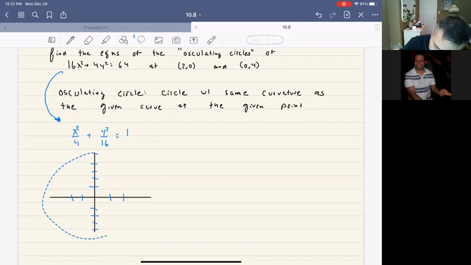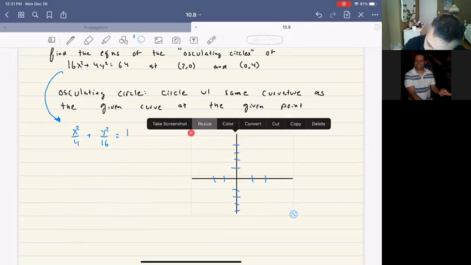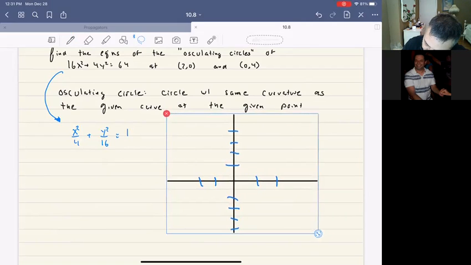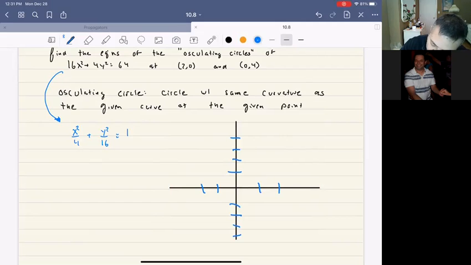Let me move it a little bit out of the way here, make it a little bigger. So our ellipse is going to look like this.